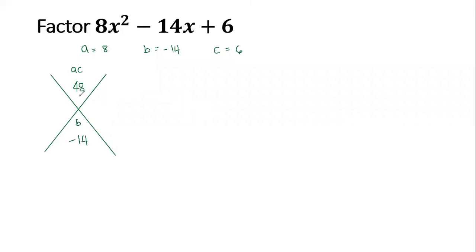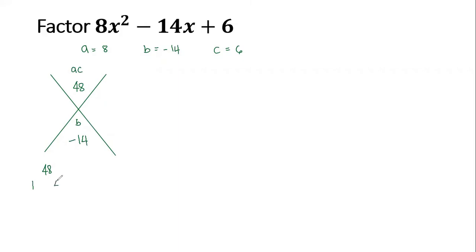So now the question is, what are the factors of 48 that when added together would be equal to negative 14? So for us to better see that, let's list down all the possible factors of 48. So let's start with 1.